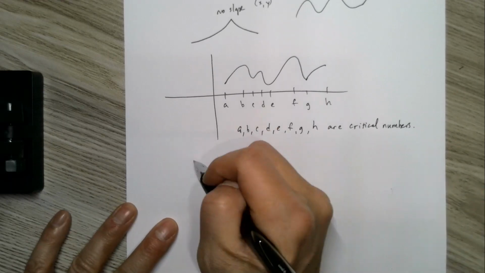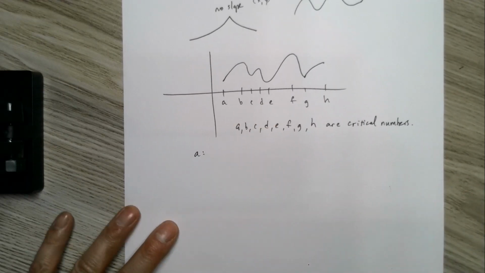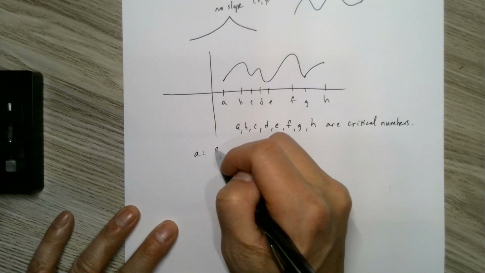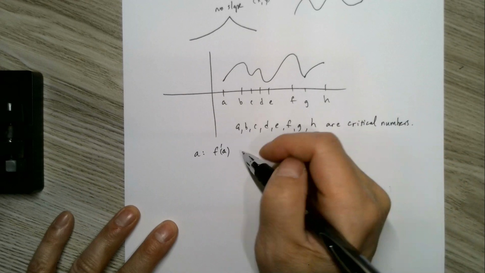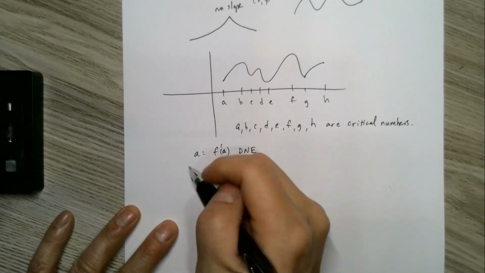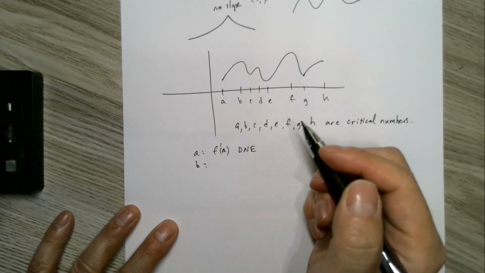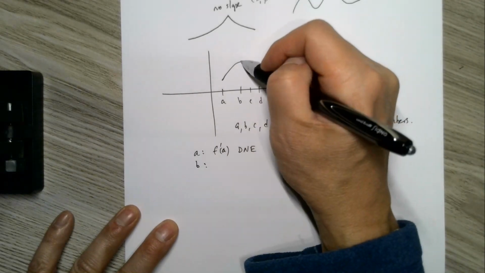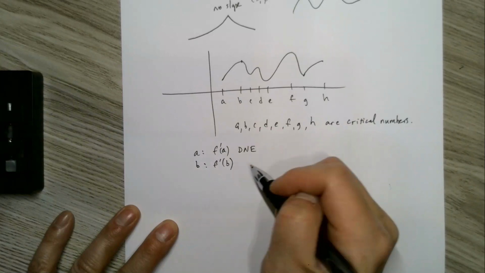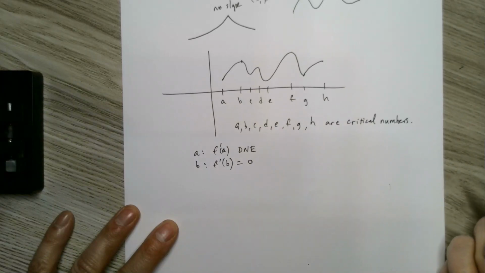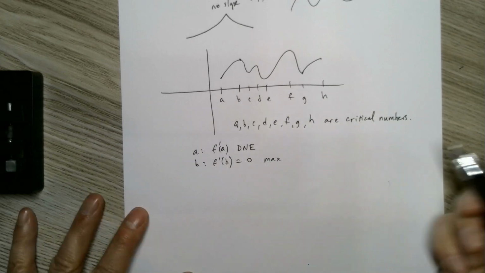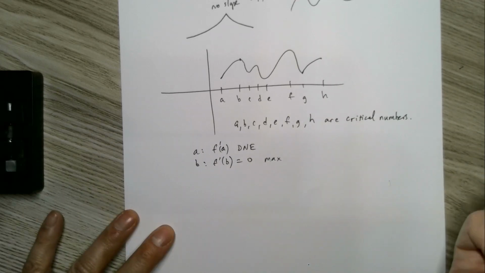So let's go through these. At A, f prime of A does not exist because that's an endpoint. At B, that would be this point up there. F prime of B equals 0. And it happens to be a max. Or f of B happens to be a max.